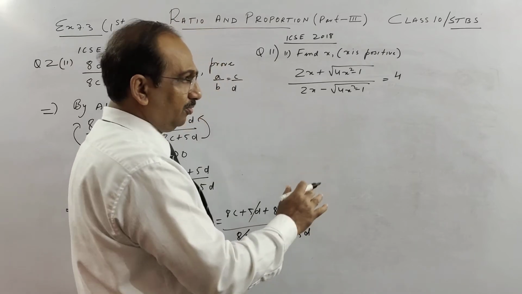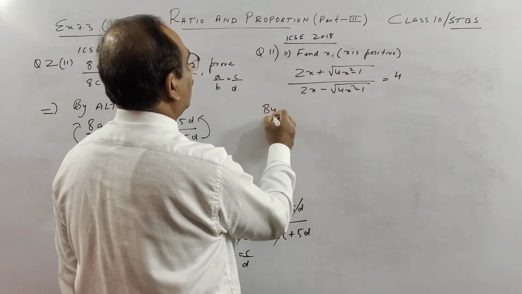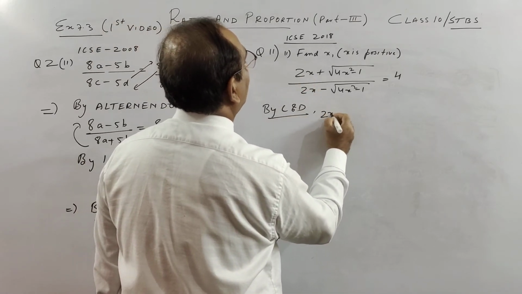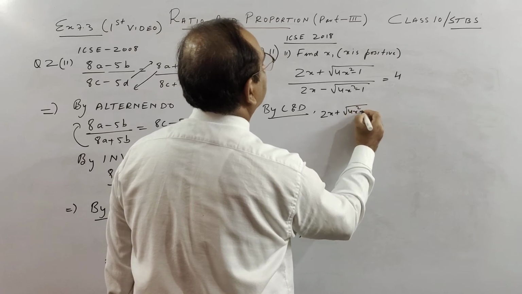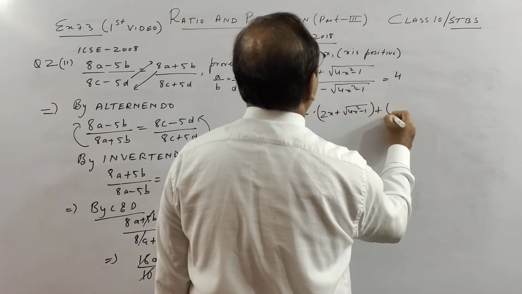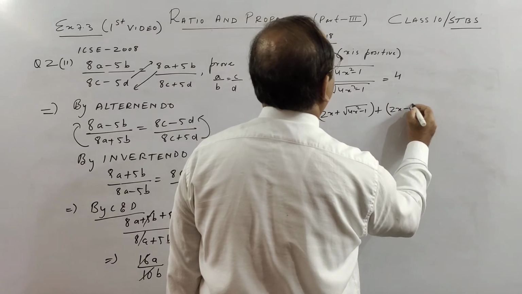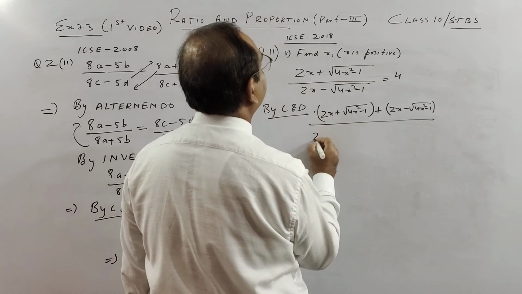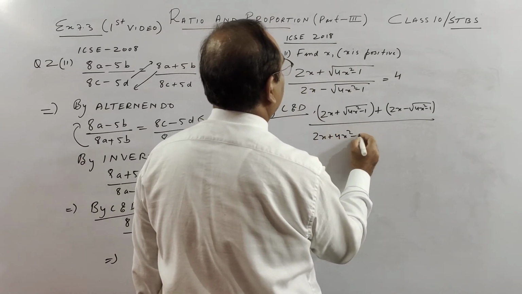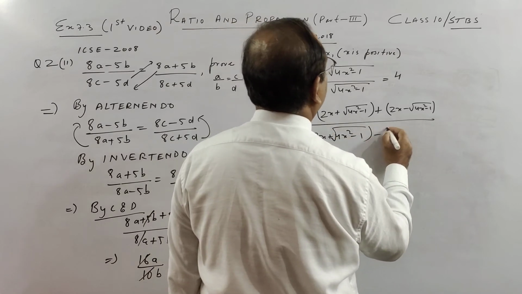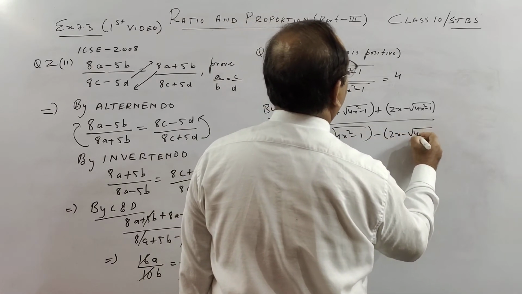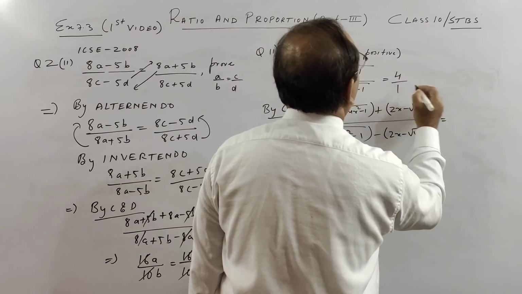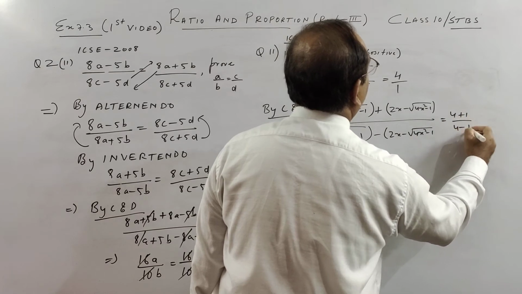We move on to the next question. We have to find x, so solve for x. X is positive, children. So first, by componendo and dividendo, see, 2x plus root over, this plus numerator plus denominator, numerator minus denominator, and on this side you take 1 as the denominator. 4 plus 1, 4 minus 1.